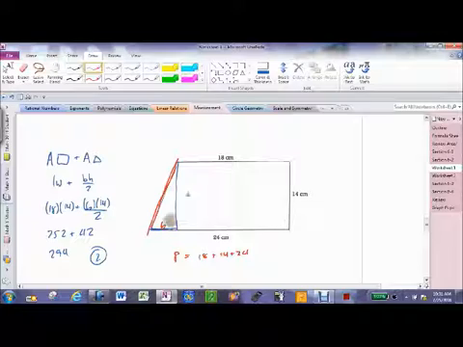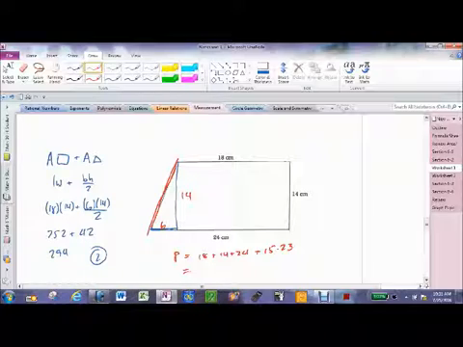If that's 6 and that's 14, how do we find it? 14 squared plus 6 squared, square rooted, 15.23. Then you just added it up. 71.23.